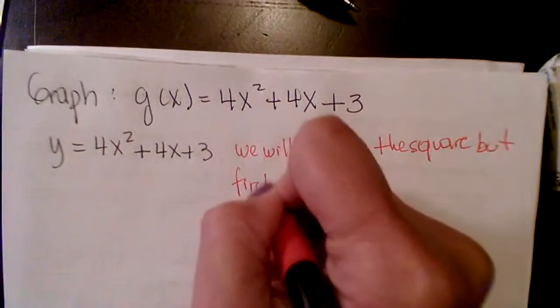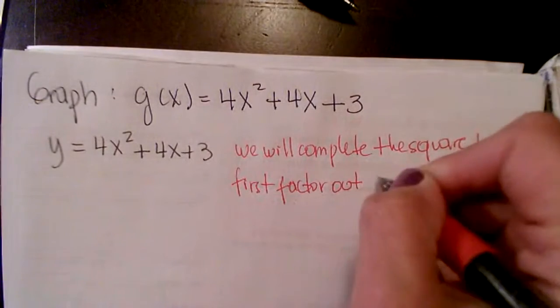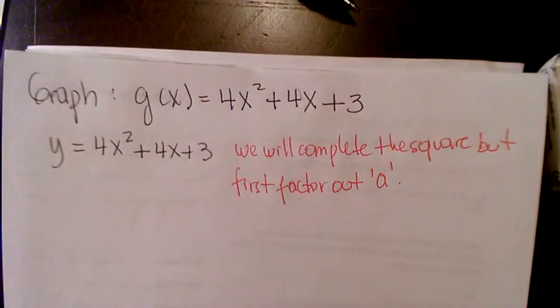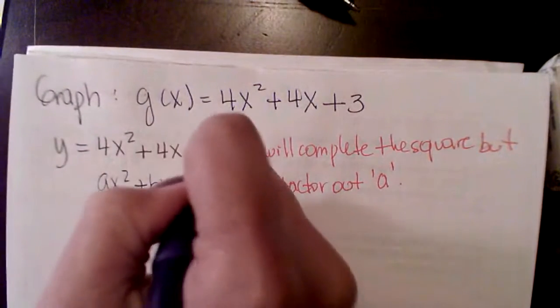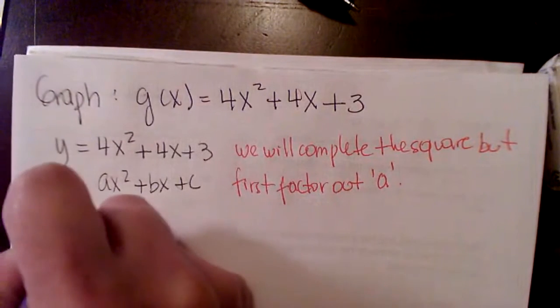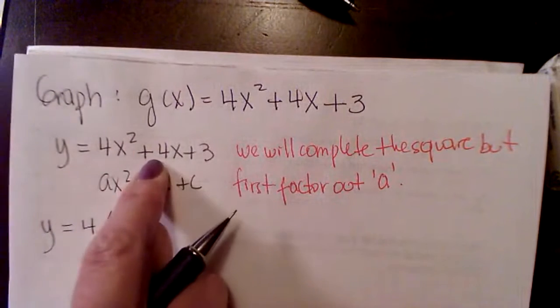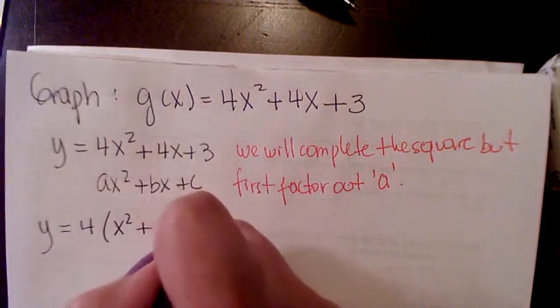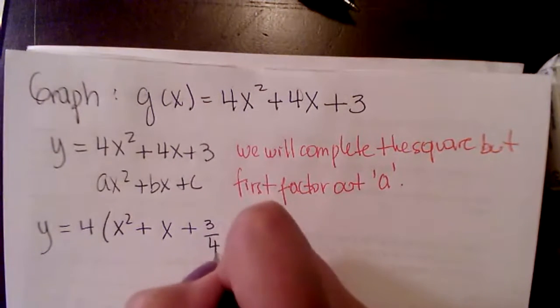Let's do that. This is what we have. So let's get the 4 out. This is going to be 4 times x squared plus 4 over 4, which is 1, plus 3 over 4.